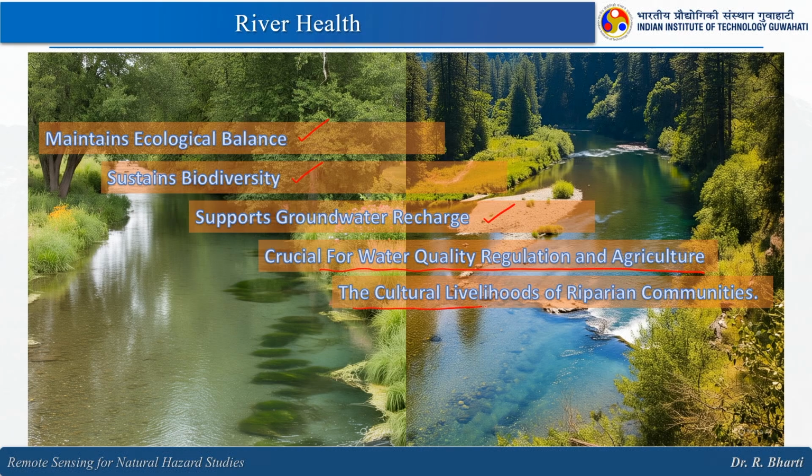The cultural livelihoods of riparian communities depend upon the health of the river. If the water quality or the water discharge is not within the regime of that river, then everything will get imbalanced, right?